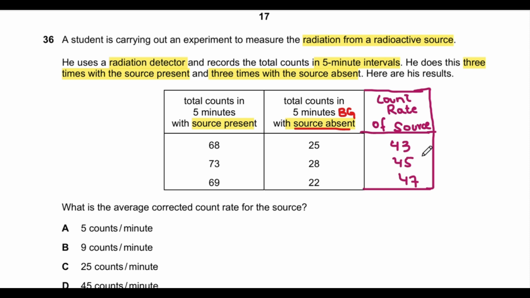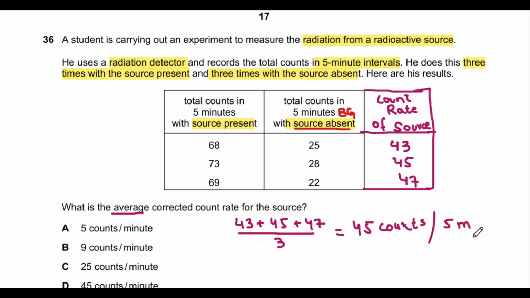Now this is the count of radiations from the source material only, but we need the average count, so we will add all the values together and divide by the number of values, which is 3. That means the average that we have got is 45 counts per 5 minutes, because the data that we have got is counts per 5 minutes.